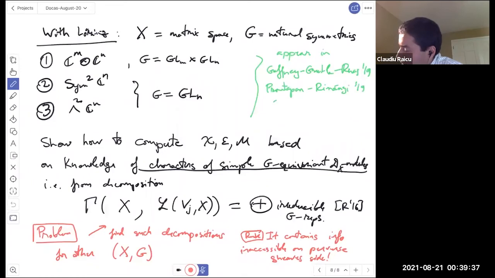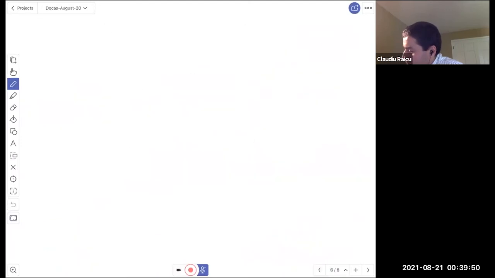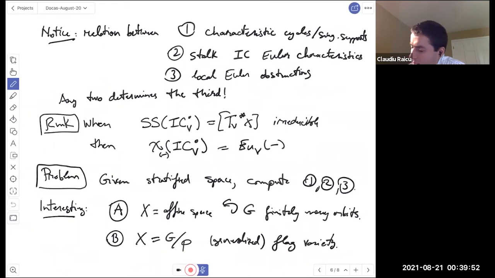And there's a recent paper which actually does all of the matrix spaces. So I made a comment here that in this case where the singular support is irreducible, really the Euler obstructions are no different from the intersection cohomology stuff.